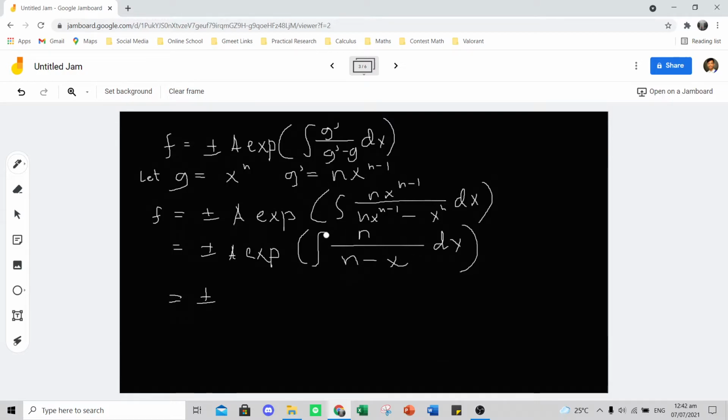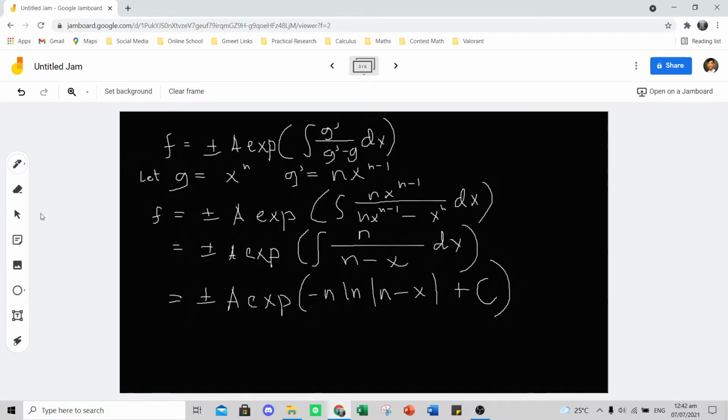And then you can bring outside n, so we have that this is a exp of the integral, so exp of -n times the integral of 1 over n minus x. So that is simply -1 times the natural log of the absolute value of n minus x, and we add plus c.